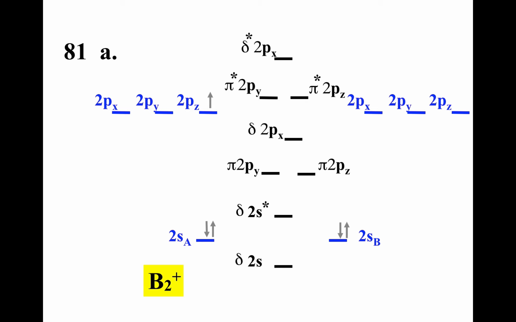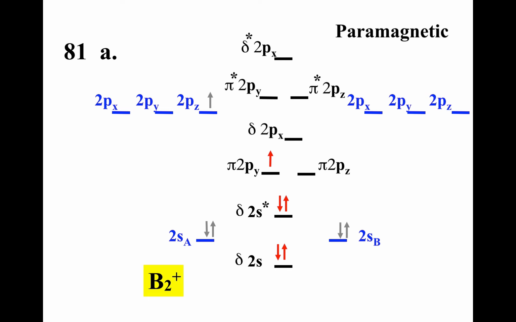So B2 plus. All right, so let's go back to what the problem was. We were supposed to be dealing with a molecule that has one less electron than it should. So when I overlap, I've got 5 electrons to account for. 2 of them are going to go in the sigma bonding orbital, 2 of them are going to go in the sigma antibonding orbital, and 1 of them is going to be in the pi bonding orbital.